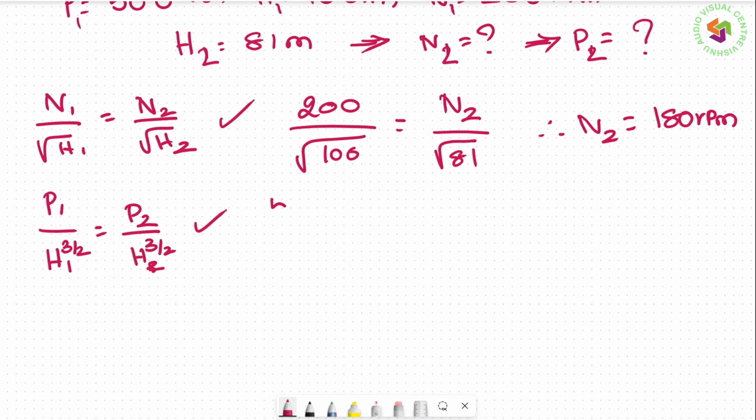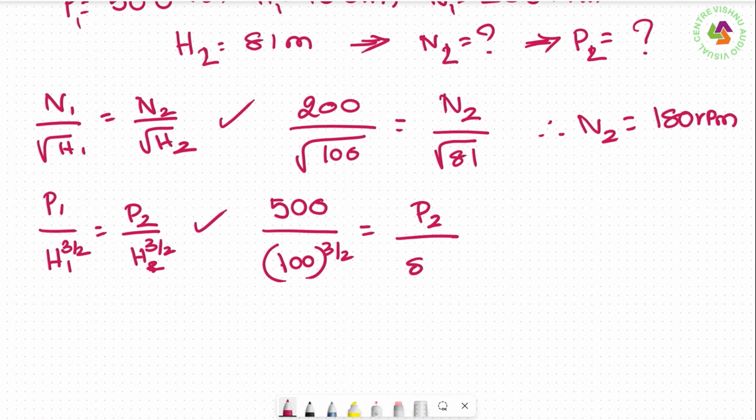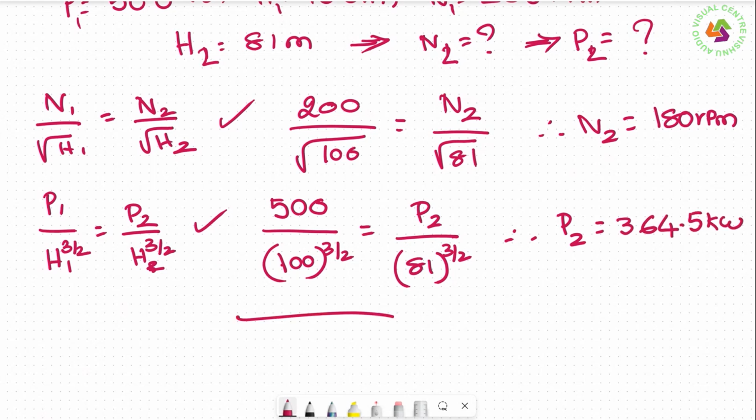P1 is 500 divided by 100 whole to the power of 3 by 2 is equal to P2 divided by 81 whole to the power of 3 by 2. Therefore, P2 is equal to 364.5 kilowatts. So this is a very simple problem. Like that, you can solve the problem basically.